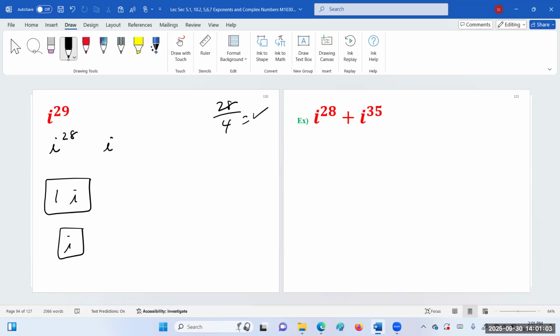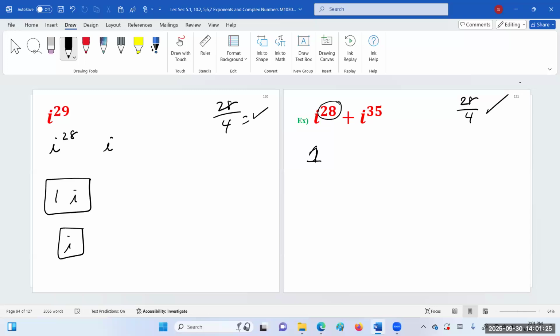Okay, the next one is a combination. So 28, can you divide by 4? Yes, that means 1. If you can divide by 4, it's 1. If you cannot divide by 4, it's -1. 28 is even, right?